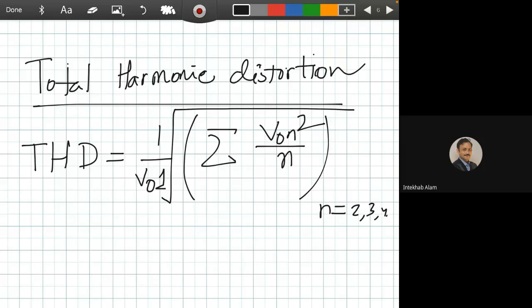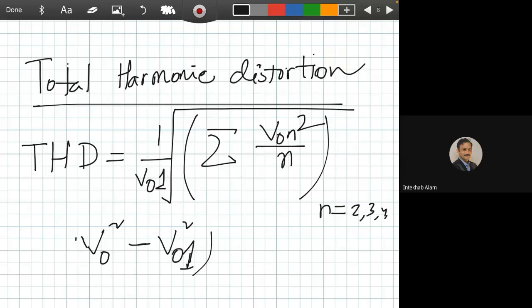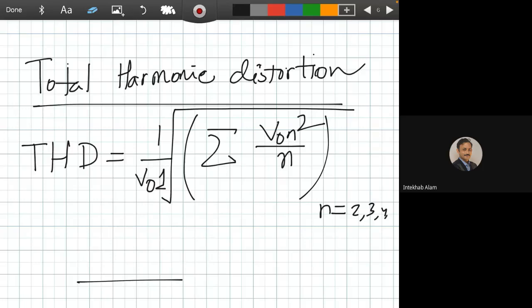If we just consider this one, VO square minus VO1 square, I'm just showing you some equations, maybe you have already learned.